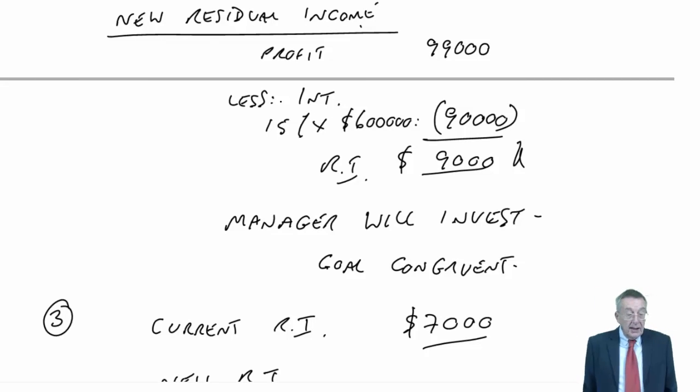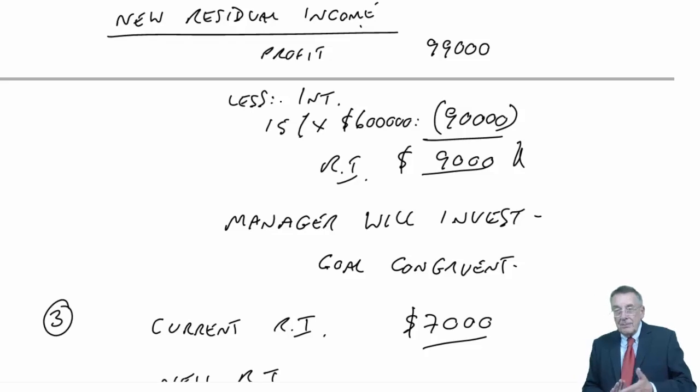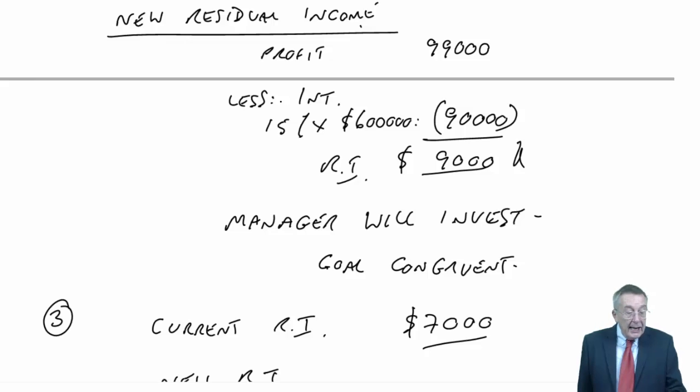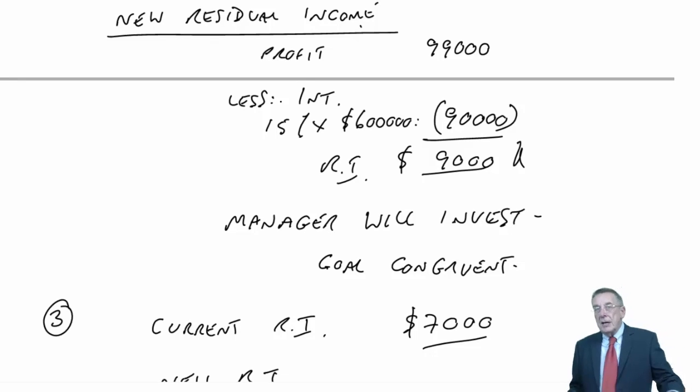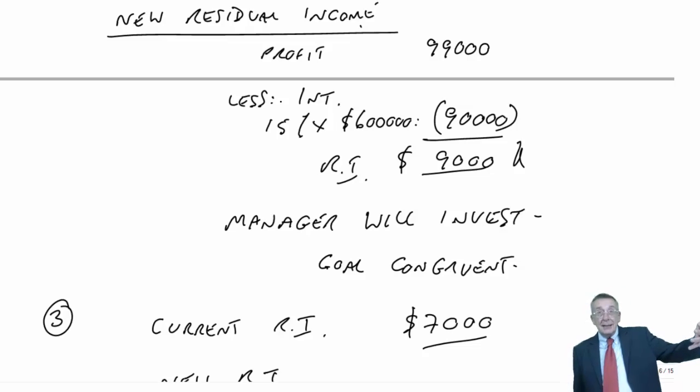We can compare with target. Shareholders often judge the company based on return on capital, and return on investment is effectively the same idea. It's also useful when you're comparing divisions of different sizes. If you've got one division which is fairly small, another one that's very big, then automatically the big division is going to make much more profit and get a higher residual income.